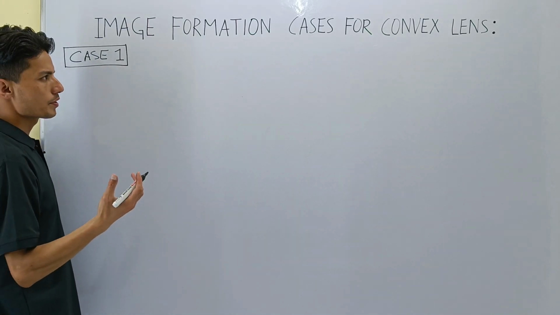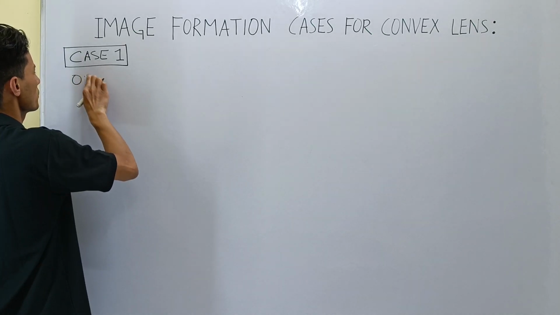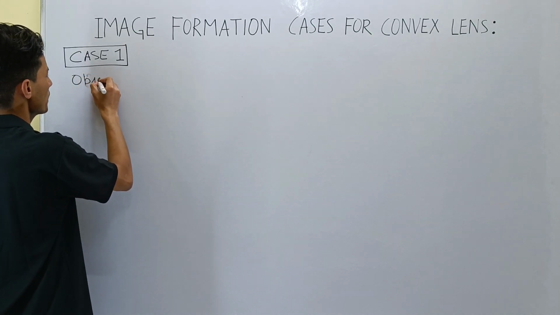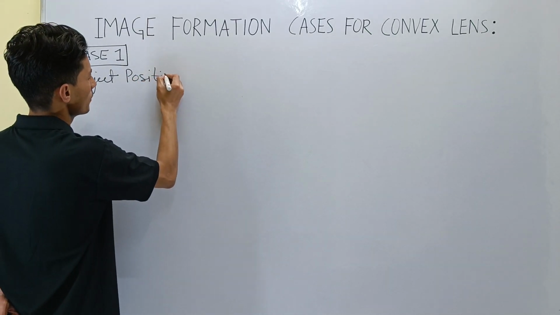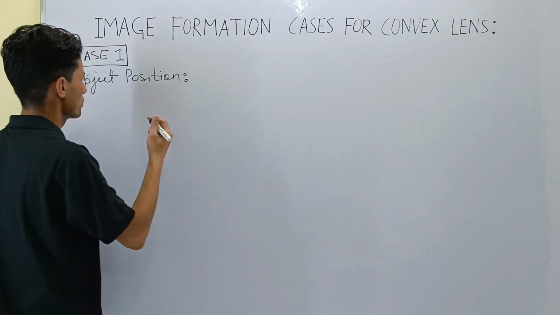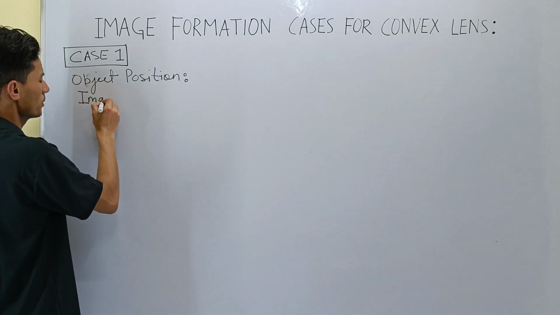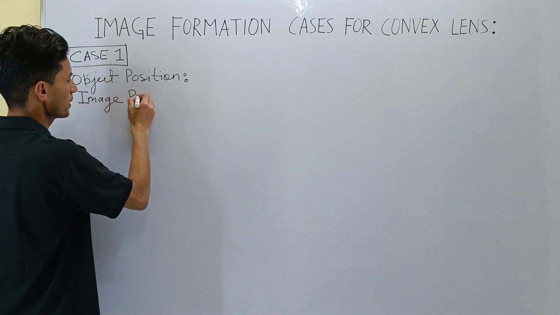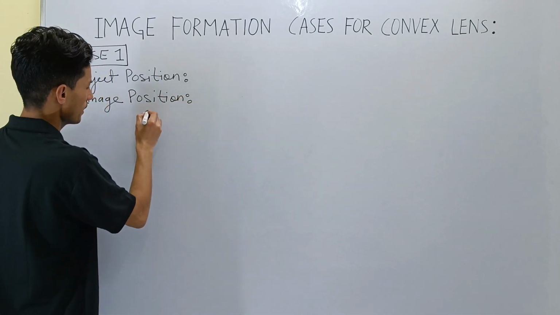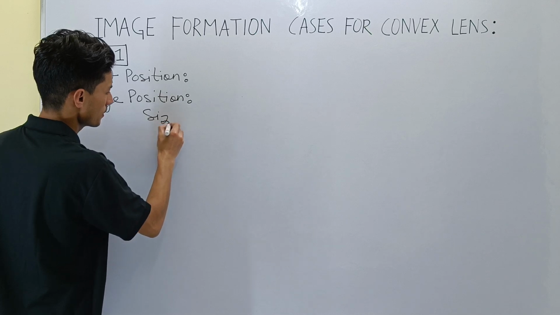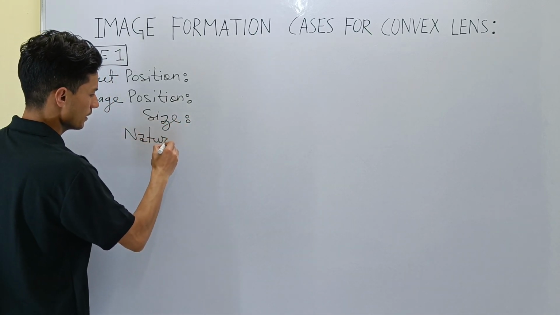What we write is the object position. It's similar to mirrors only: object position, then image position, where the image will be formed, then the size, and finally the nature.